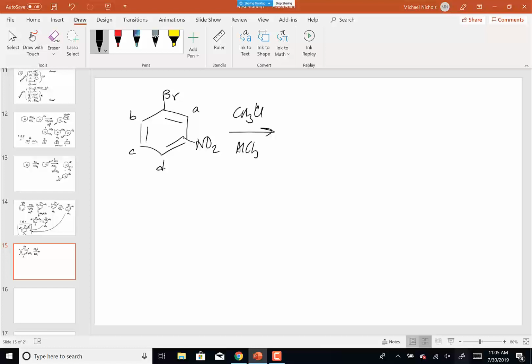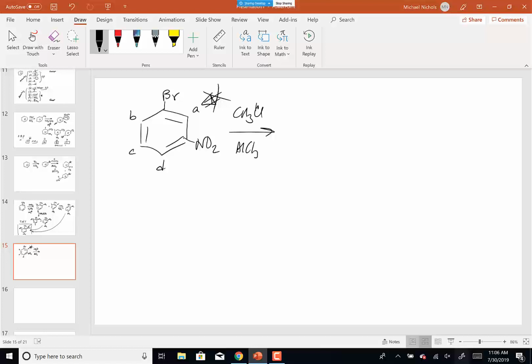Now, there's a couple rules. There's one rule I have to impose right at the moment, which is that you cannot add in between two meta groups. If you have two groups that are meta or 1,3, you cannot add in between them because of steric hindrance.